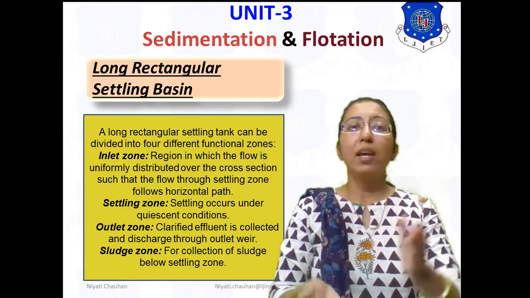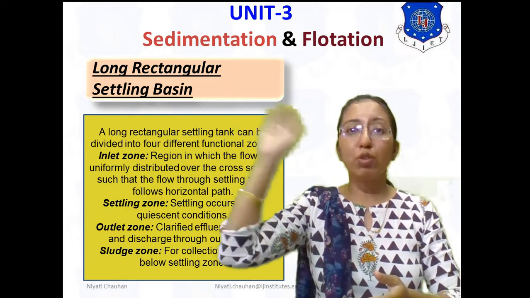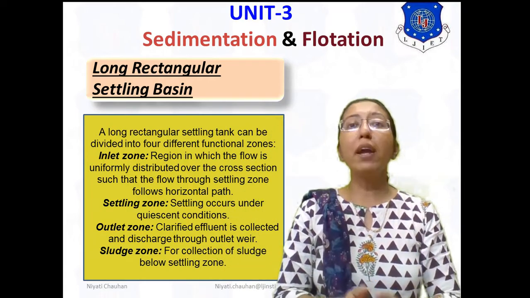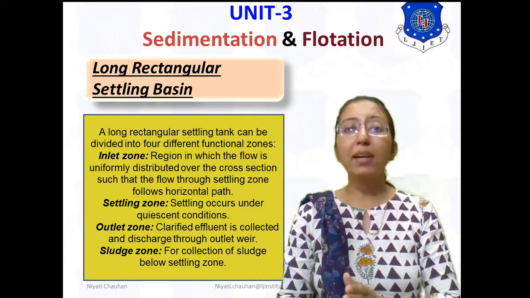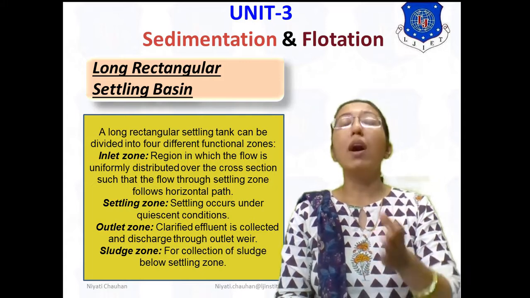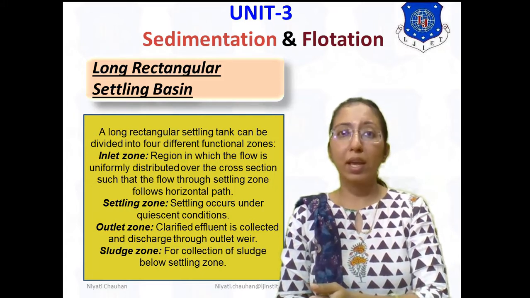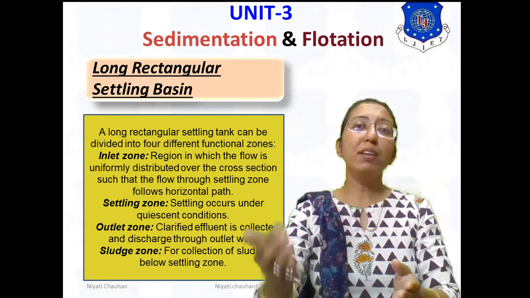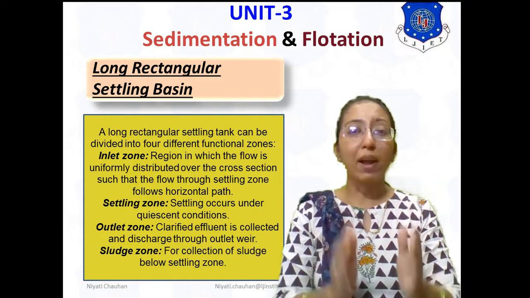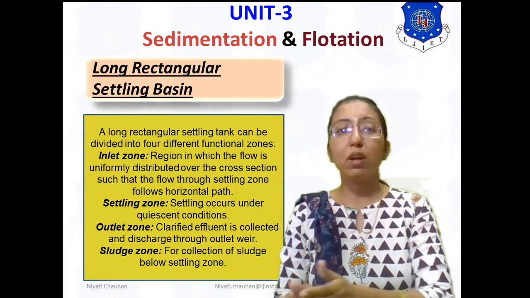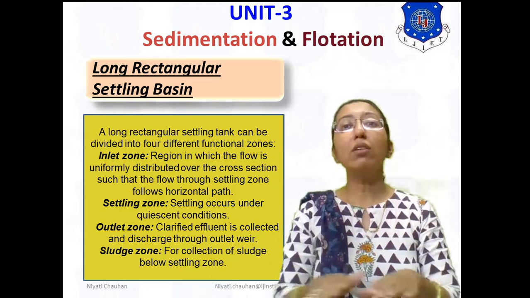And then the outlet zone, where clarified effluent is collected and discharged through outlet weirs. The last one is the sludge zone, for collection of sludge below the settling zone.